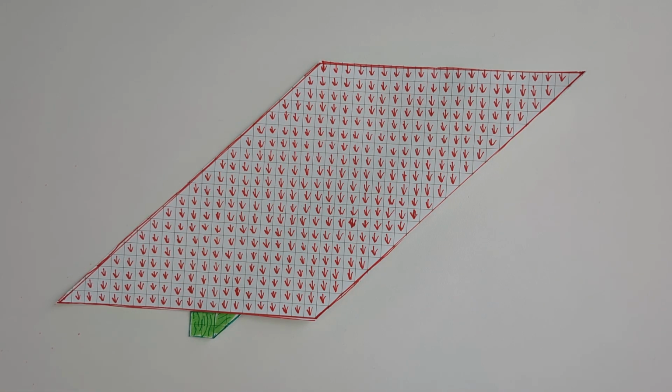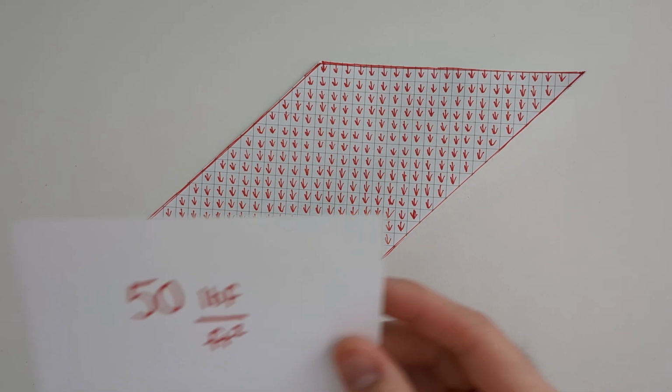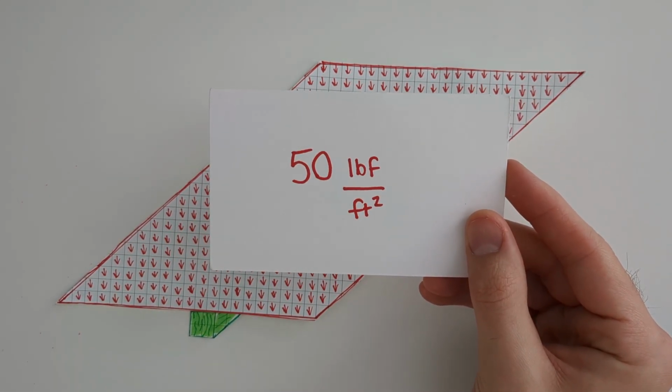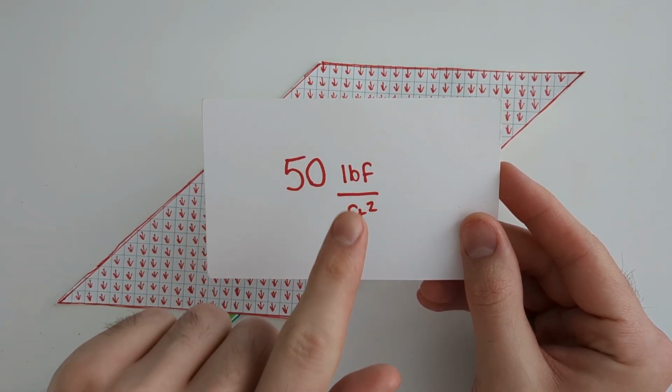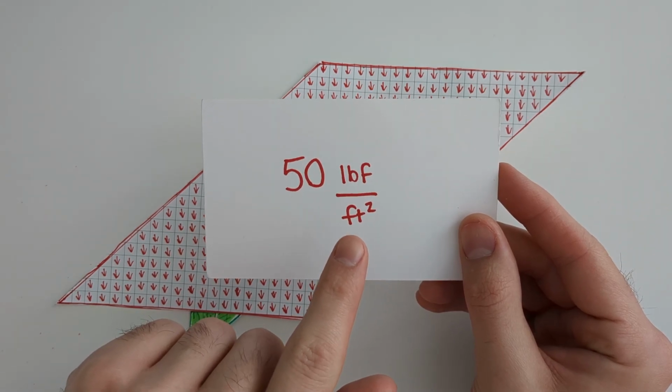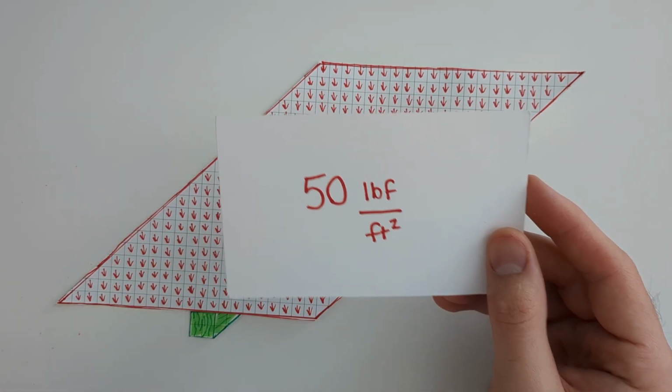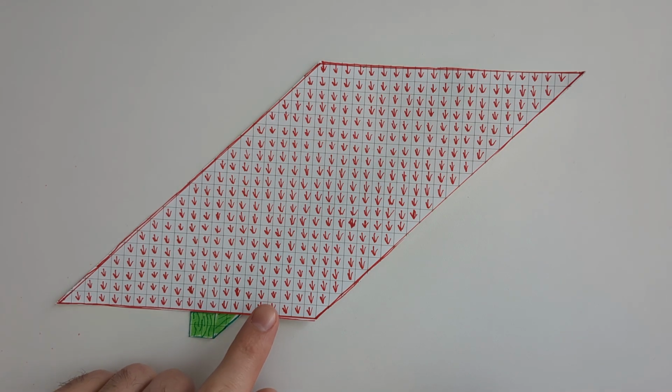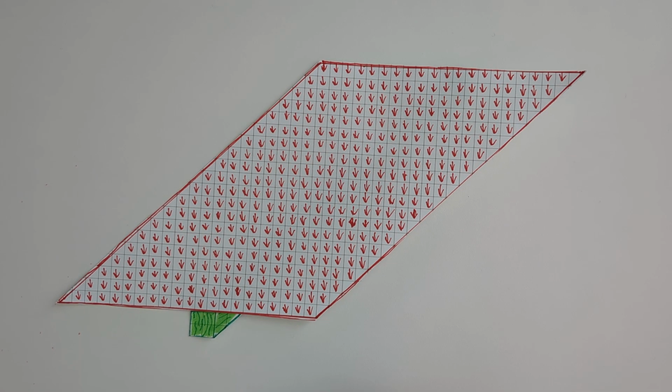Now the pressure from our roof is exactly 50 pounds per square foot, or 50 pounds of force per square foot. And that 50 pounds is represented by each of these little arrows. Each of these squares is a foot by a foot, so they're a square foot, and each of these arrows is 50 pounds of force acting down on it. So the arrows here all represent individual 50-pound forces.